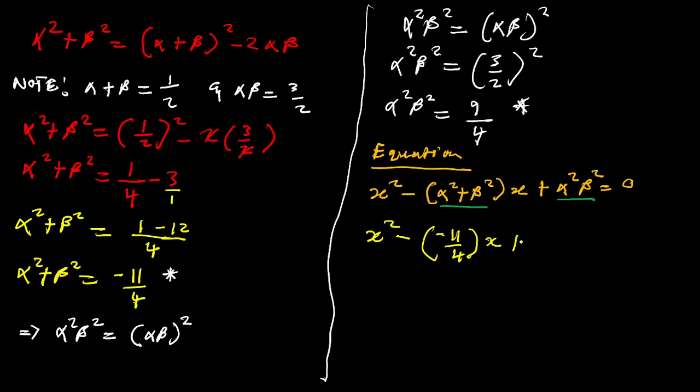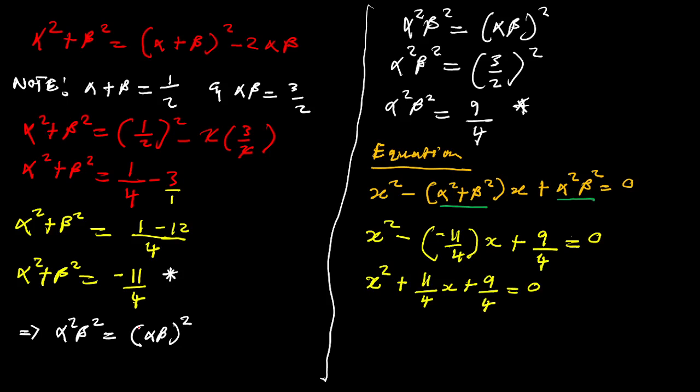So from there, I can simply write x squared plus 11 over 4 x, and then plus 9 over 4 is equal to 0. So this is the equation you have to find, and we have simply answered the question. So this is the answer.